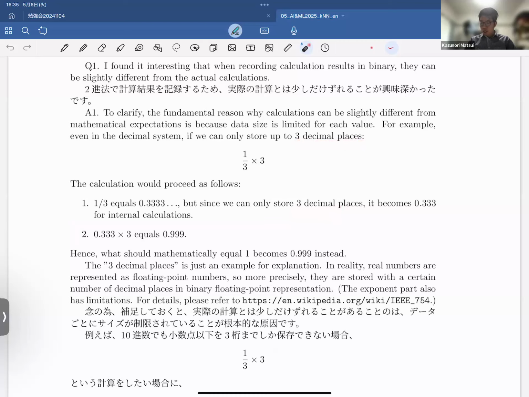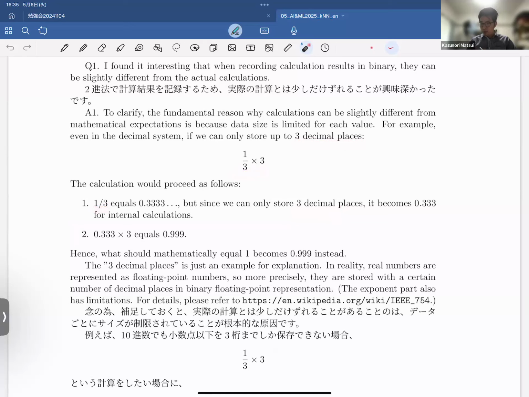If we want to calculate 1 over 3 times 3, of course it's 1. We first calculate 1 over 3, which equals 0.33333.